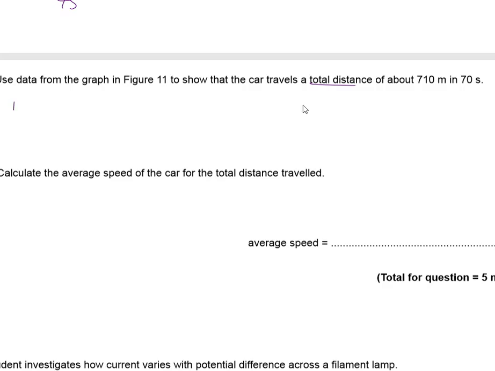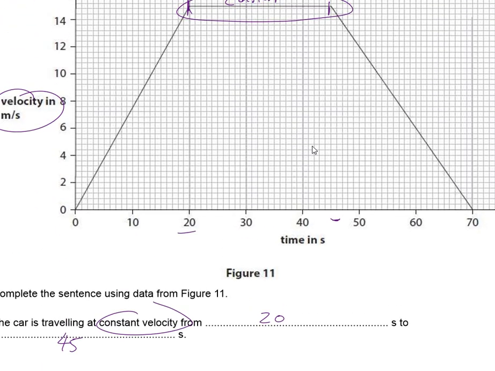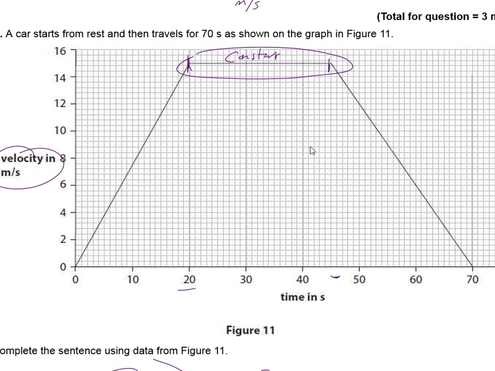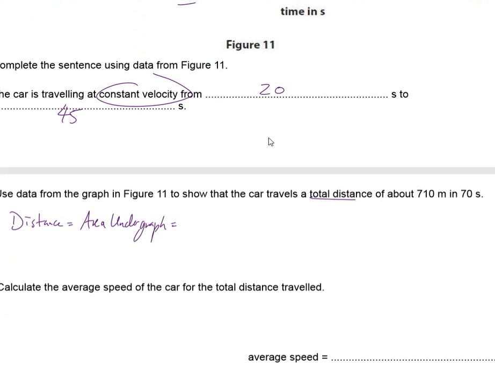Okay, so distance. Distance is the area on the graph. So we have the area on the graph. We got 1, 2, 3. The area on this. So therefore 1 plus 2, 3. So half times base times height.